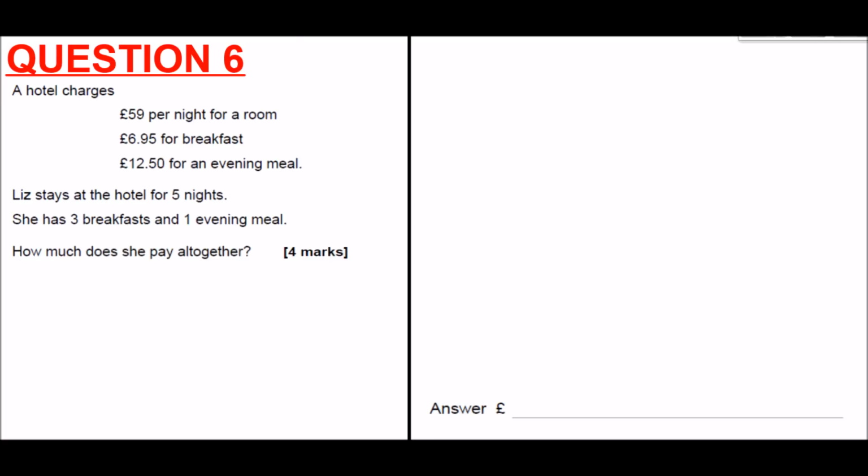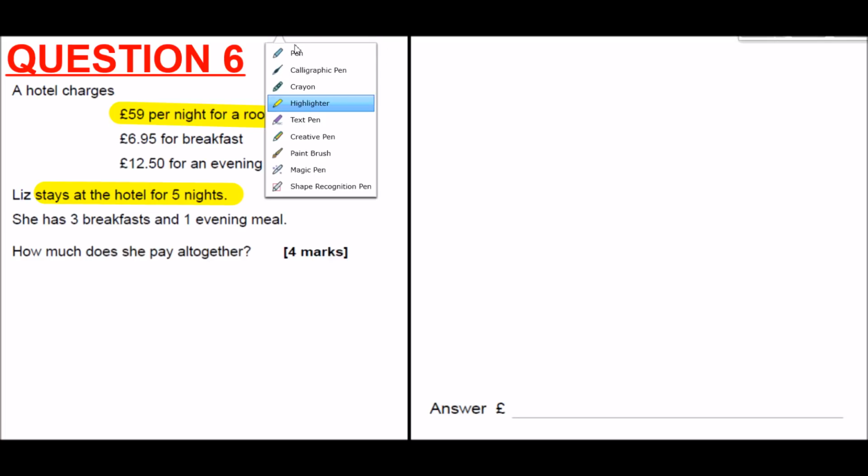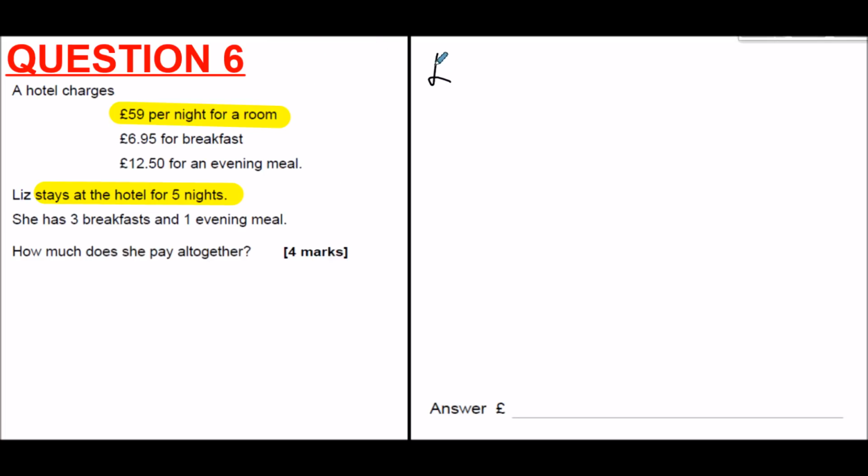What I'd suggest is just to underline or highlight the information we need. So let's see what Liz is doing. She's staying at the hotel for 5 nights. So she needs 5 nights of accommodation, which is this value here. And so if she's staying at the hotel for 5 nights, the total cost for the accommodation alone will be 59 multiplied by 5.